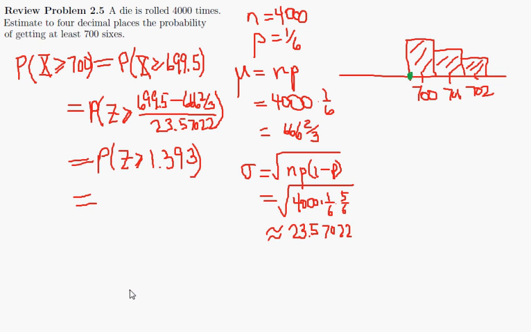Our final answer is going to be the area to the right of that mark. So the picture is going to look like this. There's the bell curve, 1.3 is here, and I need the area to the right.